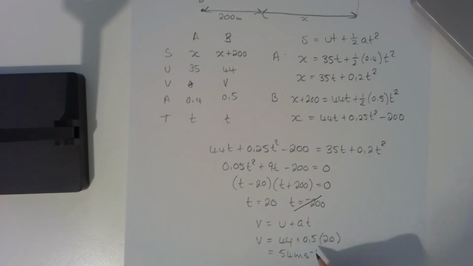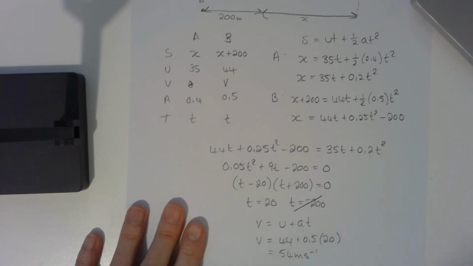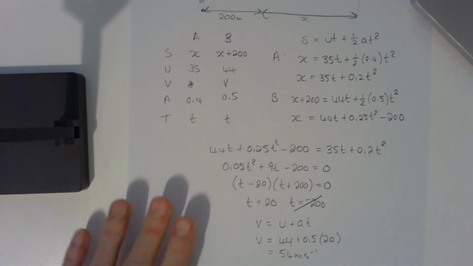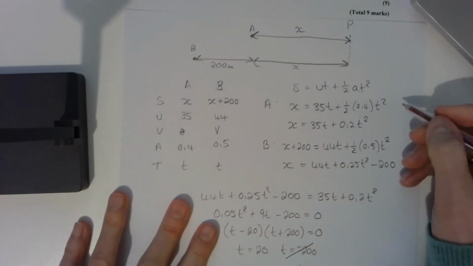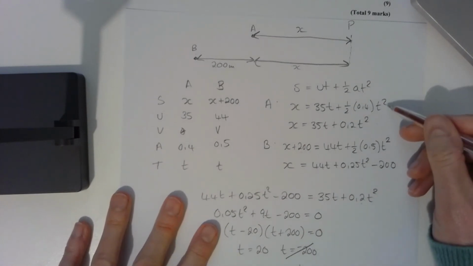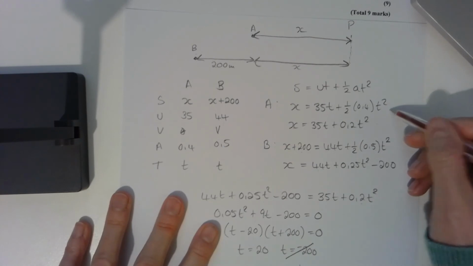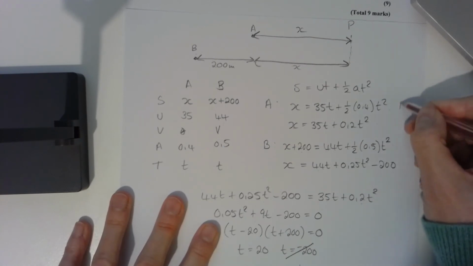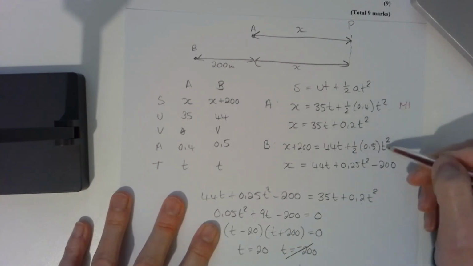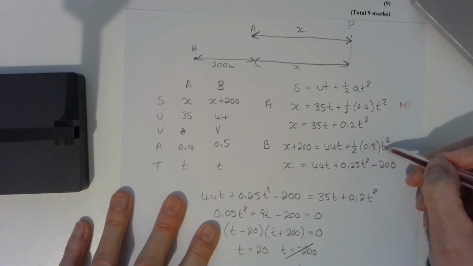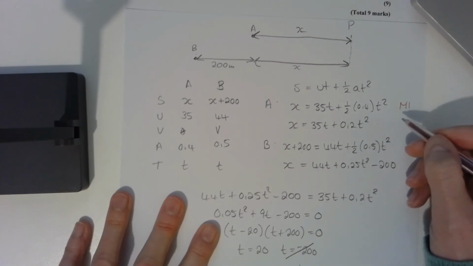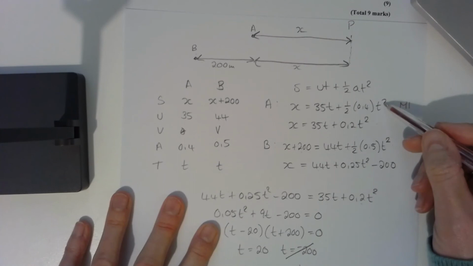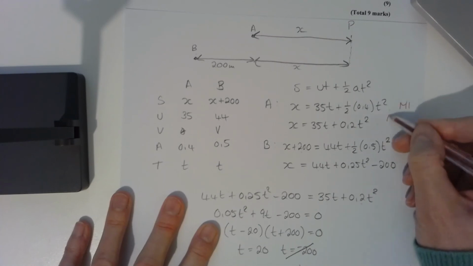So marks wise on this, there's a method mark for seeing that s equals ut plus half at squared has been used either here or here. An accuracy mark for a correct equation in x, so either this one or this one, A1.